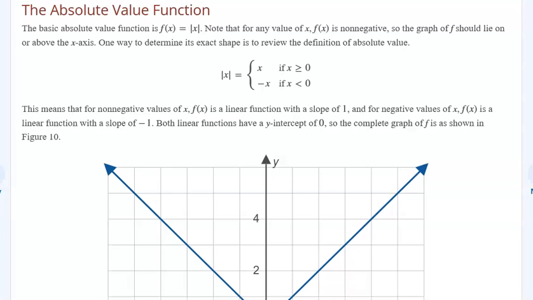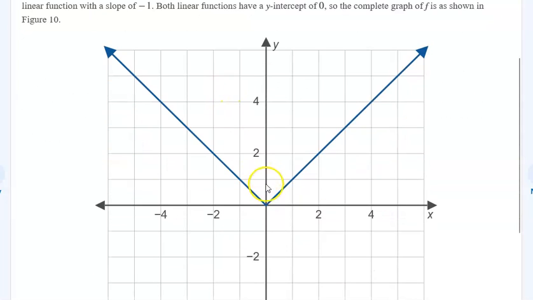Now we're going to take a look at what is referred to as absolute value functions. Remember, the absolute value of something is always 0 or greater. Generally, we say it's positive. So in graphing this, this would be the general shape of an absolute value of something.